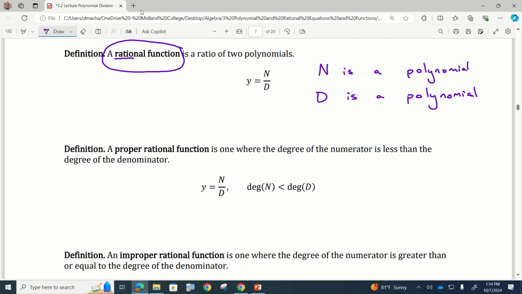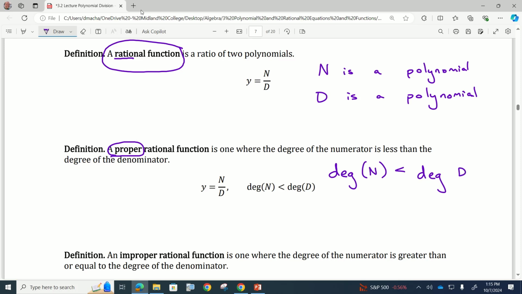Then n divided by d is one polynomial divided by another. That would be a rational function. A proper rational function is very much like having a proper fraction. A proper rational function is one where the degree of the numerator is less than the degree of the denominator.